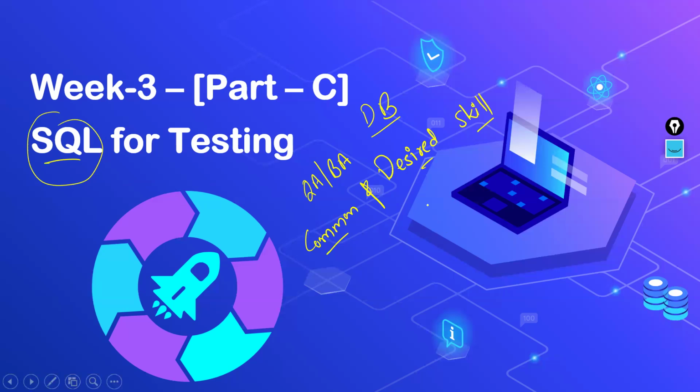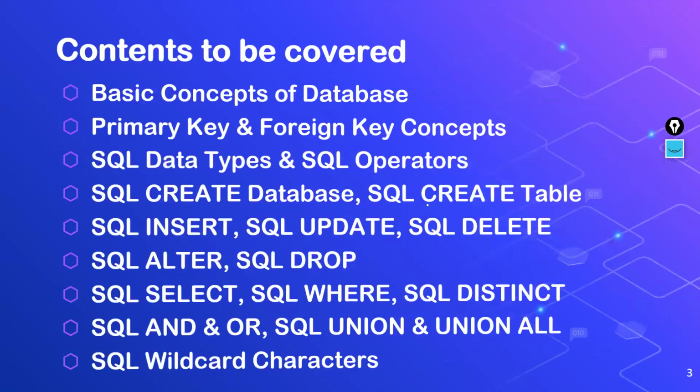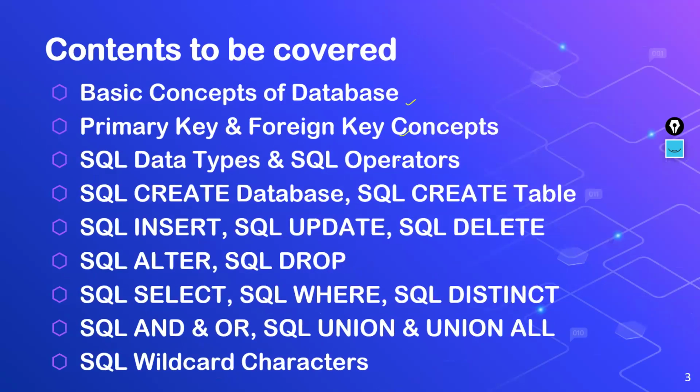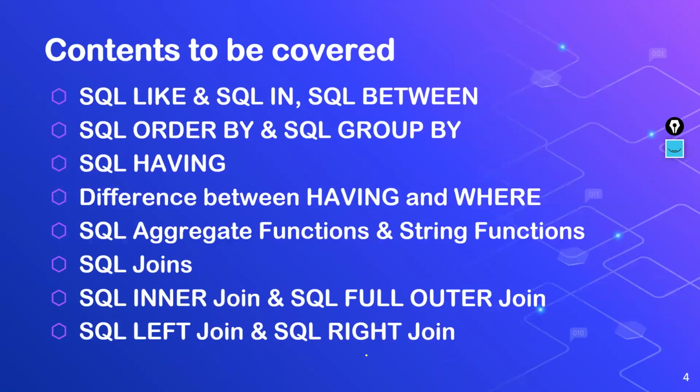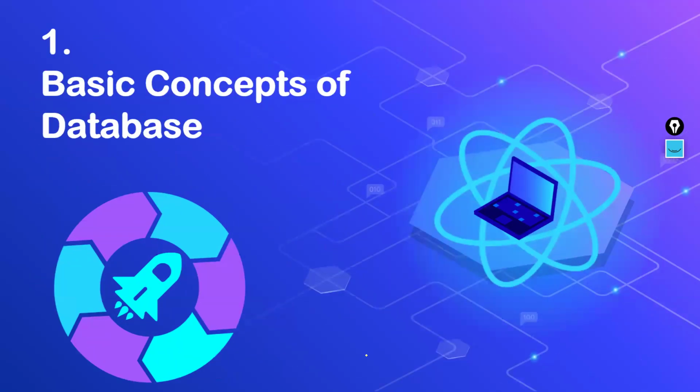So that's what we're going to do in here as well. We'll see what actually this database is, keys, and different types of SQL commands and queries that we're going to run in here. But before we jump onto that, just a quick dive into the basic concepts of database because we're going to deal with the database now. Database is primarily, you might be thinking, where you are storing data.